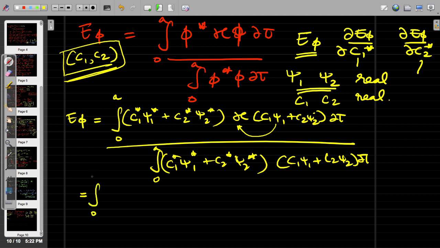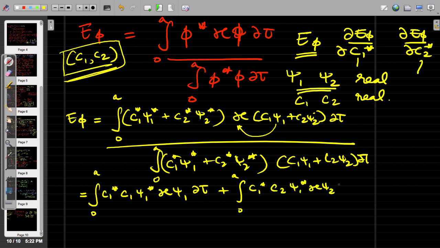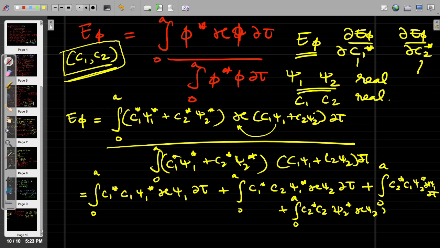You're going to be looking at integral 0 to a C1 star C1 psi 1 star Hamiltonian psi 1 d tau, plus integral 0 to a C1 star C2 psi 1 star Hamiltonian psi 2 d tau, plus integral 0 to a C2 star C1 psi 2 star Hamiltonian psi 1 d tau, plus integral 0 to a C2 star C2 psi 2 star Hamiltonian psi 2 d tau.